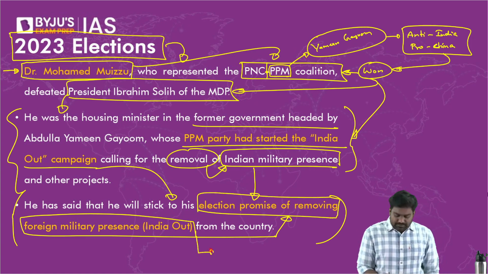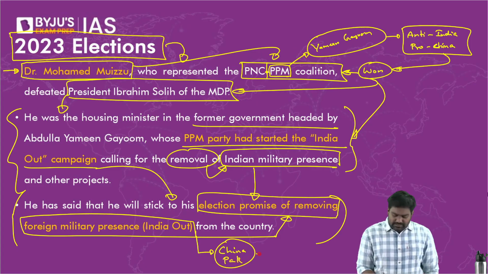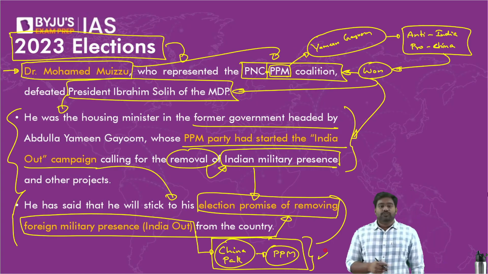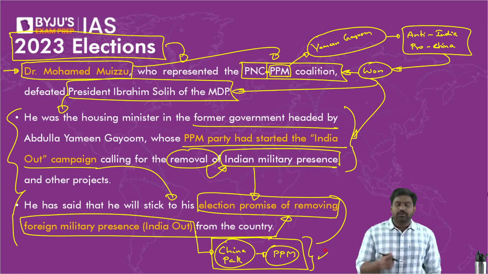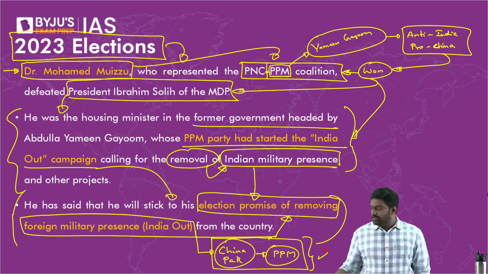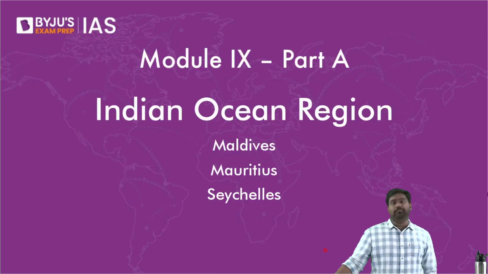India believes that China and maybe even Pakistan could be behind sponsoring the PPM and even the Adalath Party and other anti-India groups. So this is a complete reversal of our fate, our interests. We had rebuilt the relations, repaired all the damage that had happened.